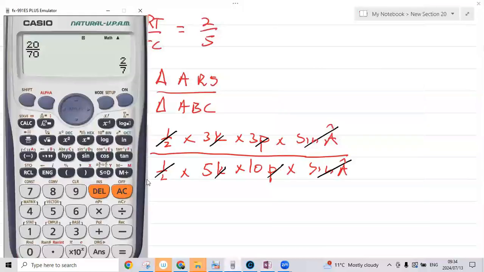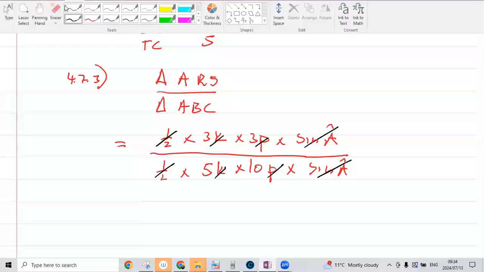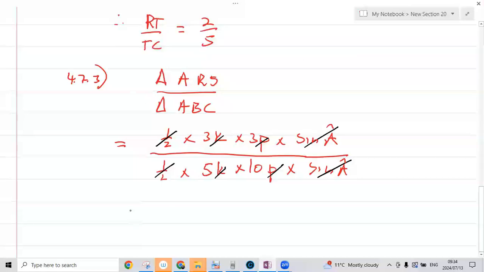We get 3 times 3 over 5 times 10, which equals 9 over 50. So the final answer, the ratio of our areas, is 9 over 50: the area of triangle ARS over the area of triangle ABC is 9 over 50.